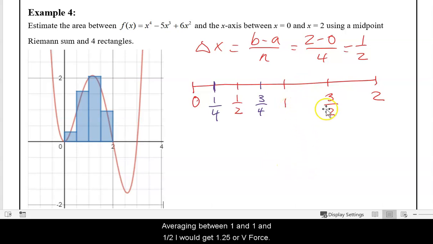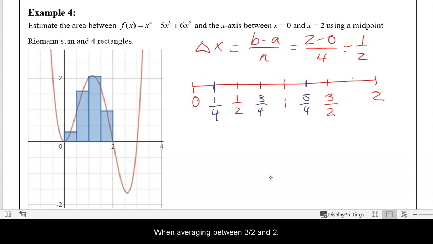Averaging between 1 and 1.5, I would get 1.25 or 5/4. And averaging between 3/2 and 2, I would get 7/4, not halves, but fourths. That gives me the midpoints of each box.